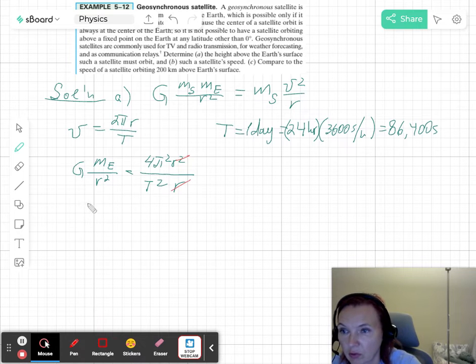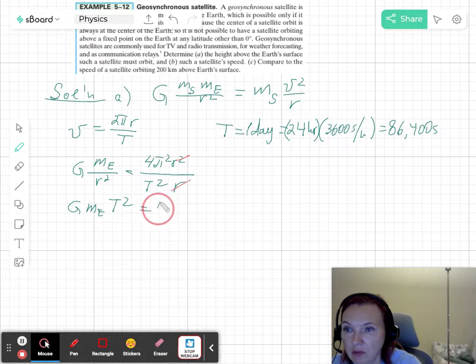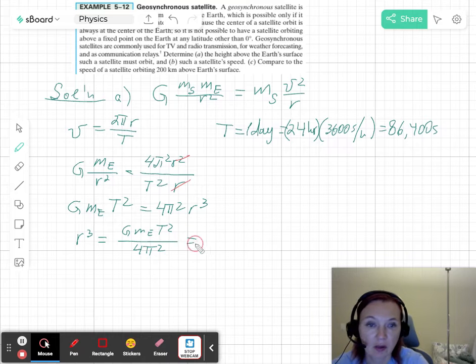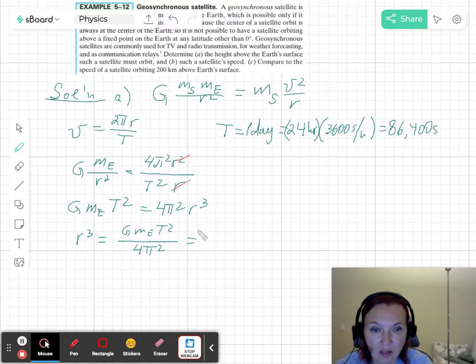Let's do that. So I'm going to cross multiply G M_E times T squared, multiplying both sides by T squared, equals 4 pi squared, and then r times r squared is going to give me r cubed. So now I can figure out r cubed, which is G times the mass of the Earth times T squared divided by 4 pi squared. And now all I have to do is plug in the numbers.